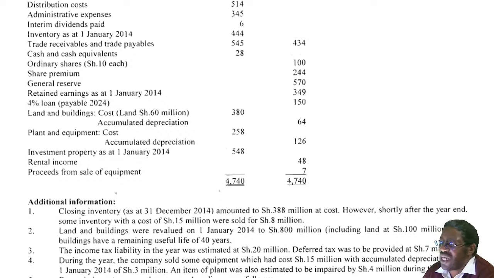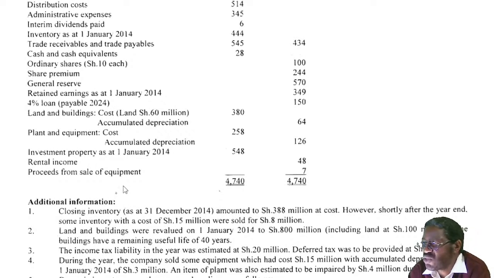So I want you to calculate and tell me, I am giving you 1 or 2 minutes. 1 minute is enough. Start and tell me by how much you think the building was revalued.